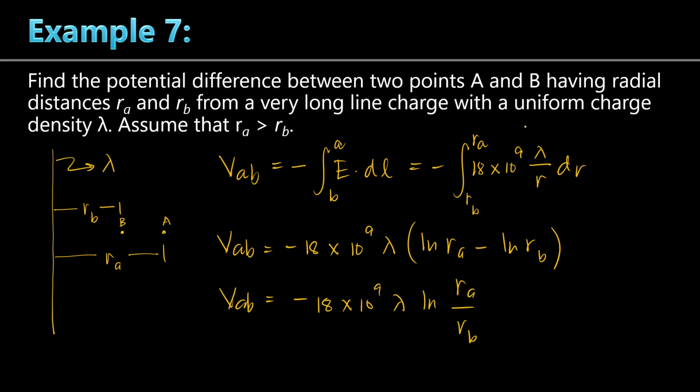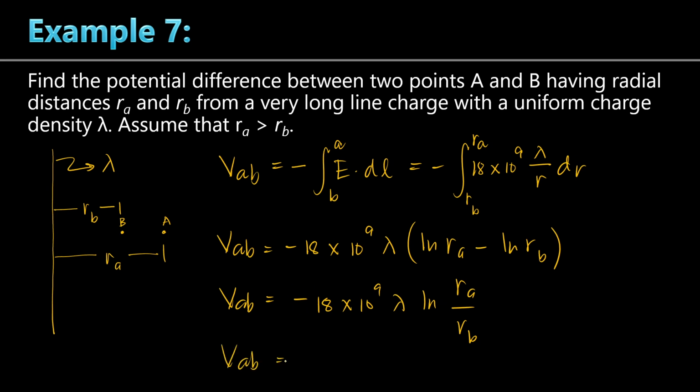Okay? However, since meron tayong negative dito, para hindi natin makalimutan yan, tanggalin na lang natin. Now, to remove this, pagpalitin lang natin itong numerator at denominator. If we interchange these two, the effect is multiplying this by negative 1. So, negative times negative, magiging positive. Mawawala na yung negative sign. Di ba?